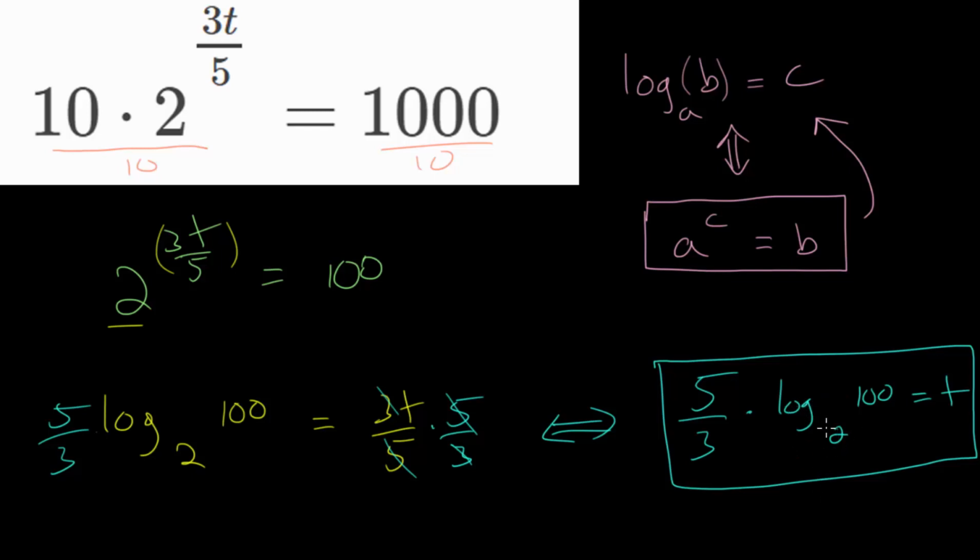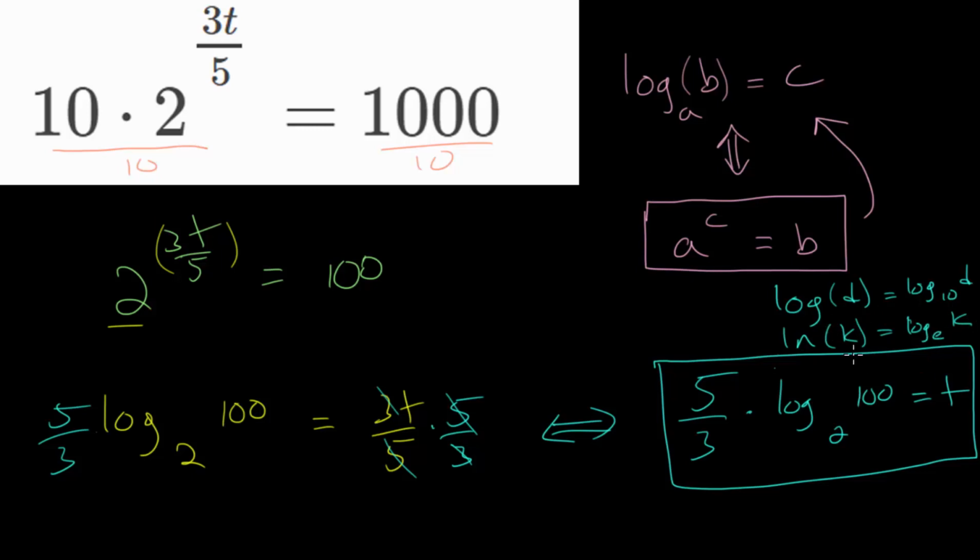Since some calculators will allow you to put in a custom base and a custom input, but many calculators, especially some of the older calculators or graphing calculators, might only have a logarithm button that looks like log or ln, where if it was, let's say, log of d, this is the common log, this is log base 10 of d, and if we have, let's say, natural log of k, this is a logarithm with base e. This is log base e of k. This is the natural logarithm.